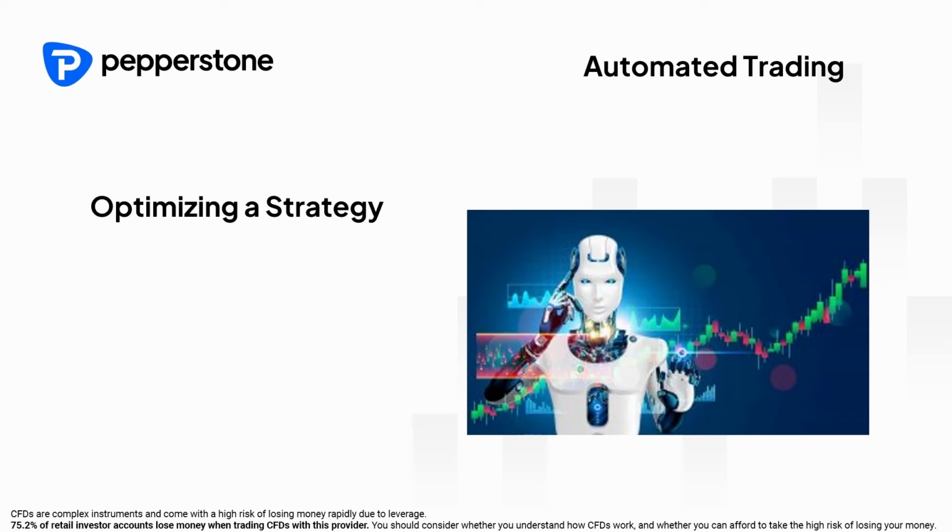Once a strategy is chosen, traders experiment with various parameters, like entry and exit points, stop-loss levels, and position sizing. Backtesting software is often used to assess the strategy's historical performance and refine it based on past data. These can be found in Pepperstone's suite of trading platforms, including TradingView and MT5.